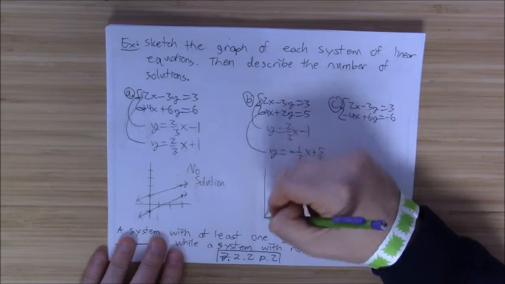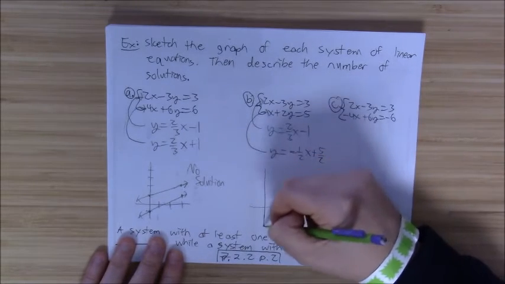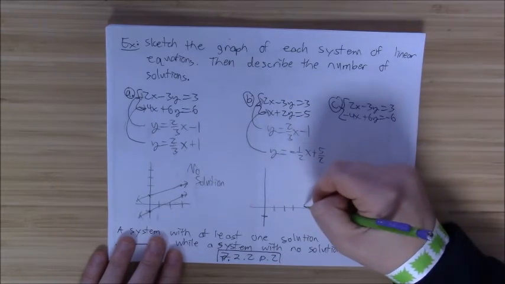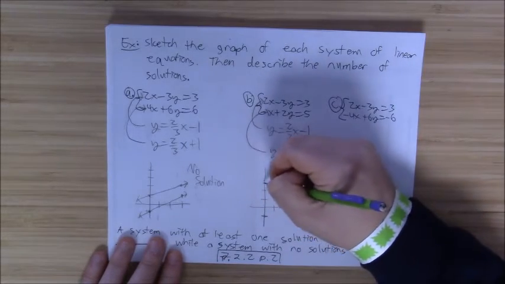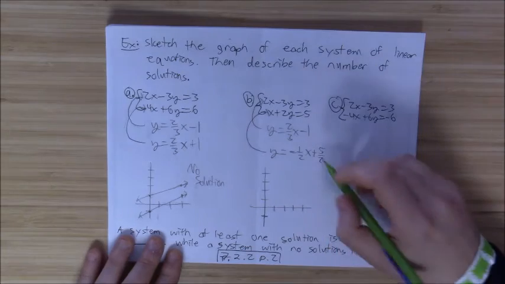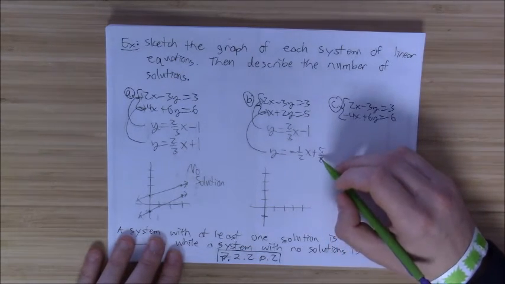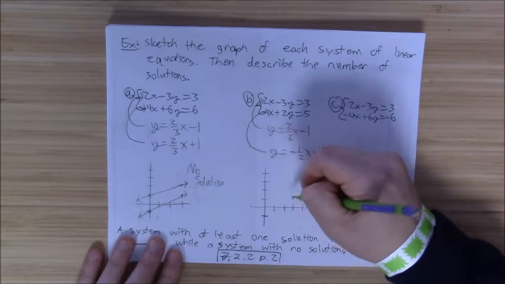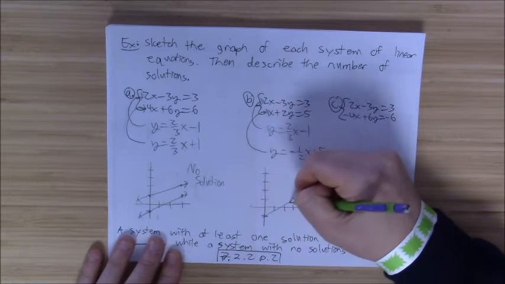Well, we already graphed that first line. That first line is 1, 2, 3. So that was what? 1, 2, 3, so we were there. So it looks like that.